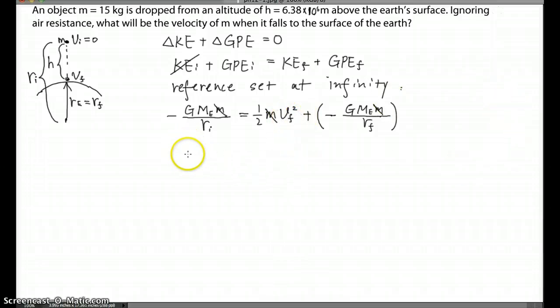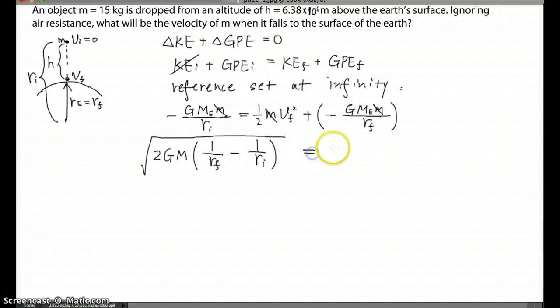Move this over to the other side and it becomes positive. Then we can factor out G and M_E because they're the same. So we get G M_E, and inside we should get 1 over R_f minus 1 over R_i. Then multiply by 2 and take the square root. So this is going to be the v final.